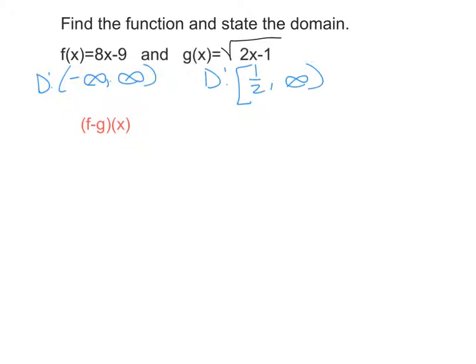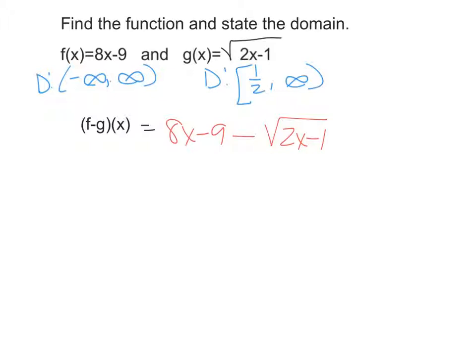Okay, we already found the domains of each of these functions, so we're just going to keep that on there. But now I want to do f minus g of x. So we're going to take our 8x minus 9 and subtract the square root of 2x minus 1.